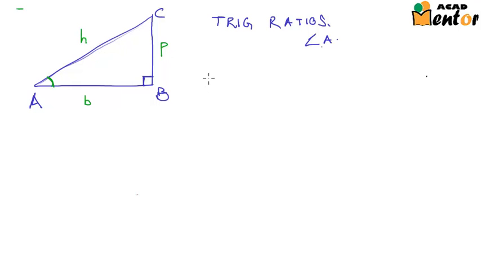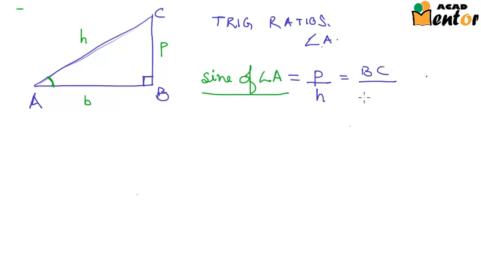So the first ratio is sine of angle A. This is the first and most important ratio. If you remember this, you'll remember all the other ratios. Sine of angle A is equal to perpendicular by hypotenuse, which is BC, the perpendicular, upon hypotenuse AC. Now the next ratio is cosine.